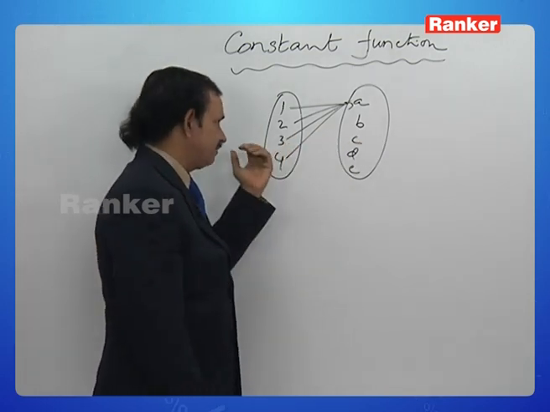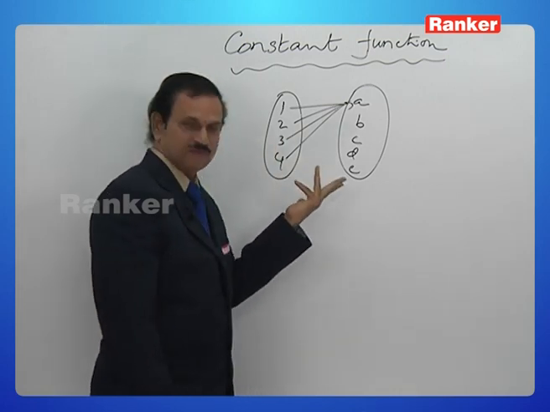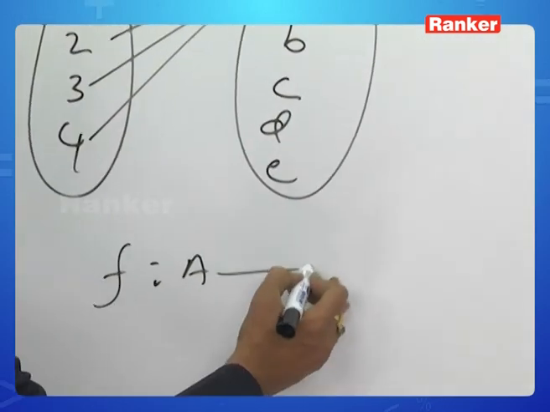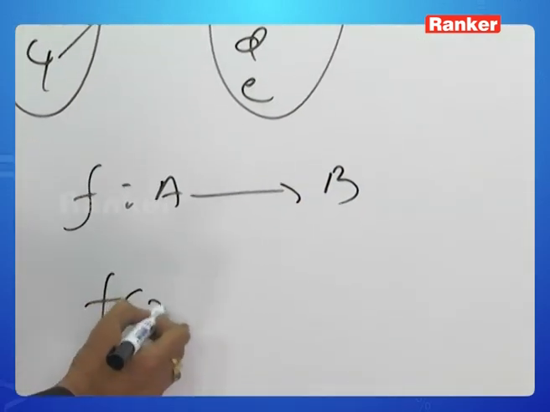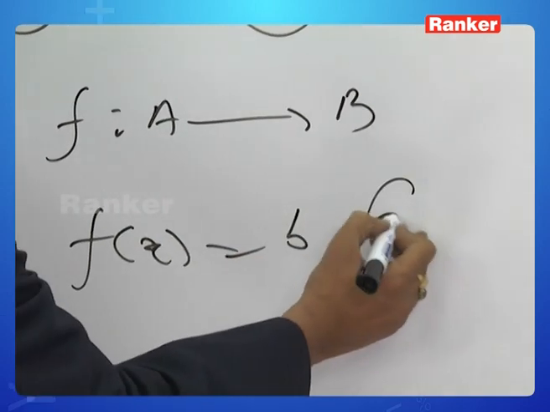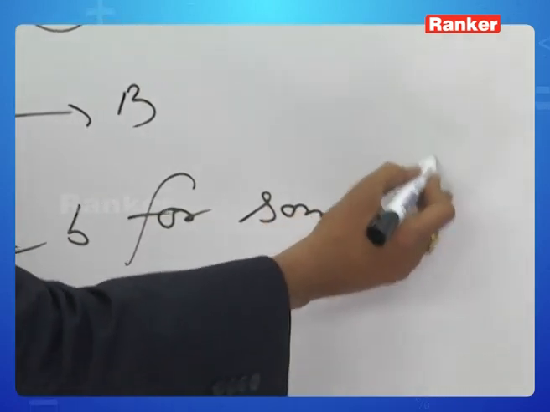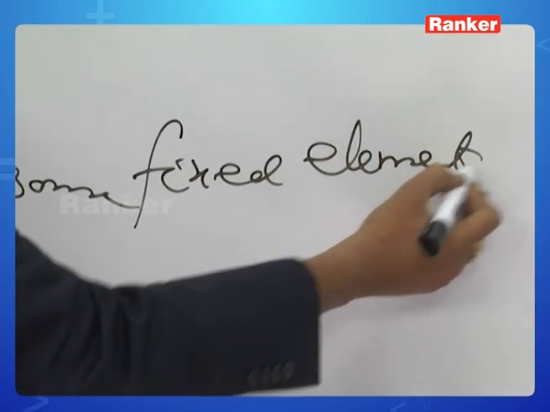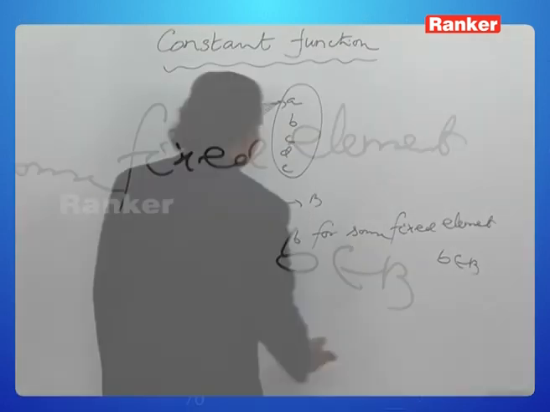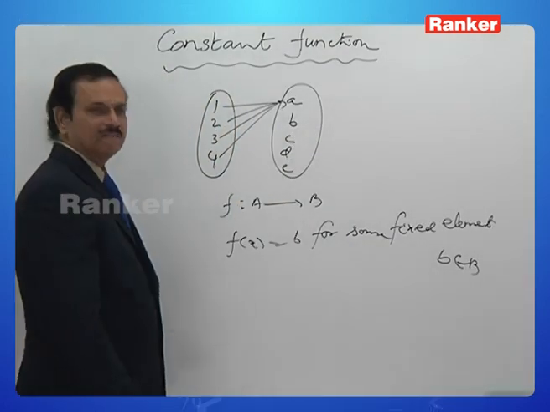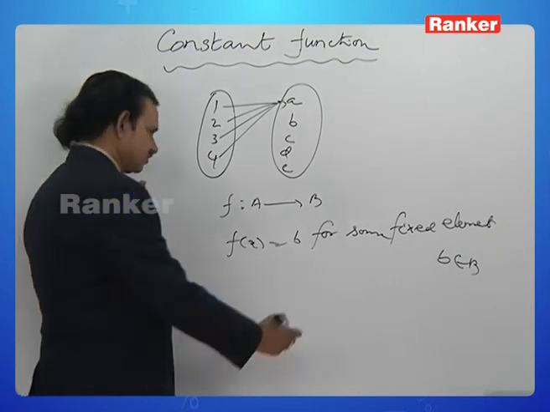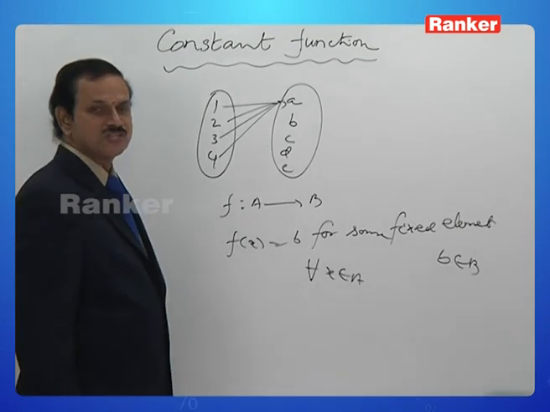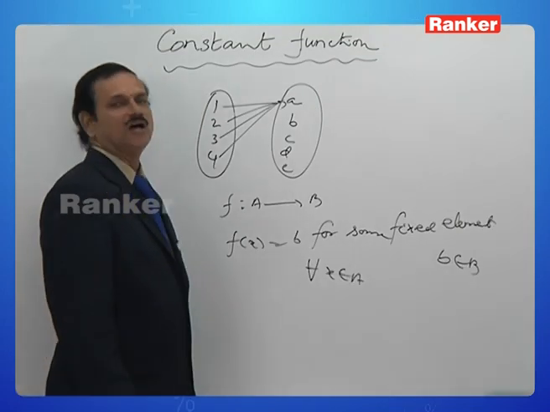Image of 1 is A, image of 2 is A, image of 3 is A, image of 4 is A. Therefore, f from A to B, if at all it is a function, then f of x is equal to b for some fixed element b of B, for all x belongs to A. This is of course called a constant function.